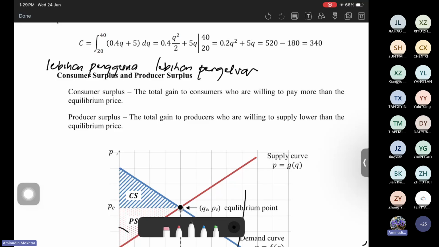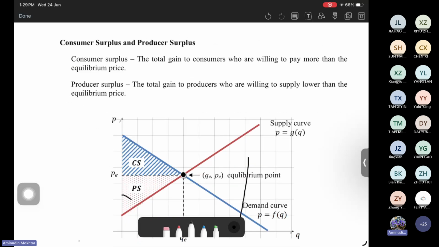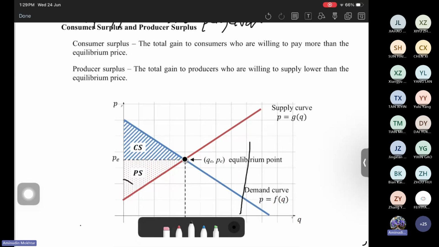Okay, in general, the consumer surplus is the total gain to consumers who are willing to pay more than the equilibrium price. If you refer to the demand and supply, again, there is a demand and supply curve. I have explained more about the demand and supply, especially in topic 1, because this is very important.